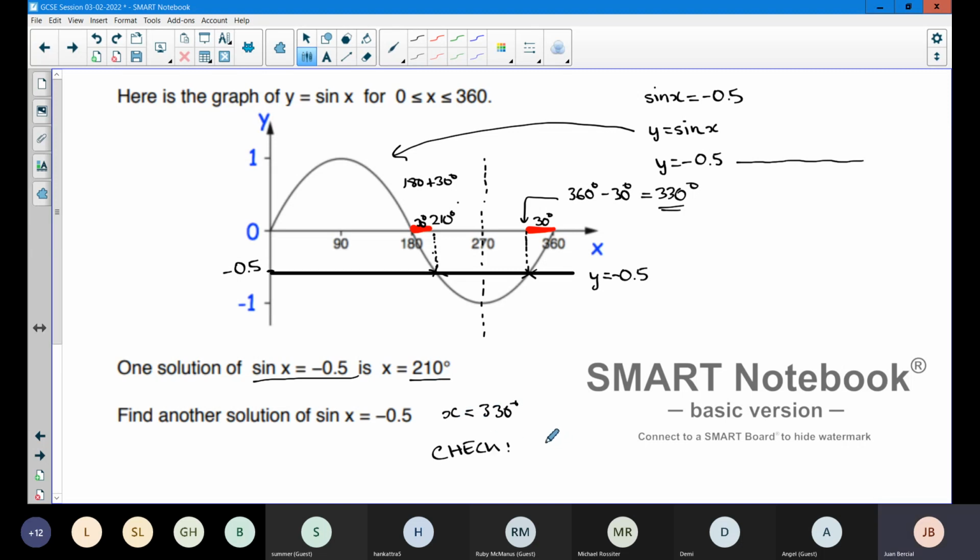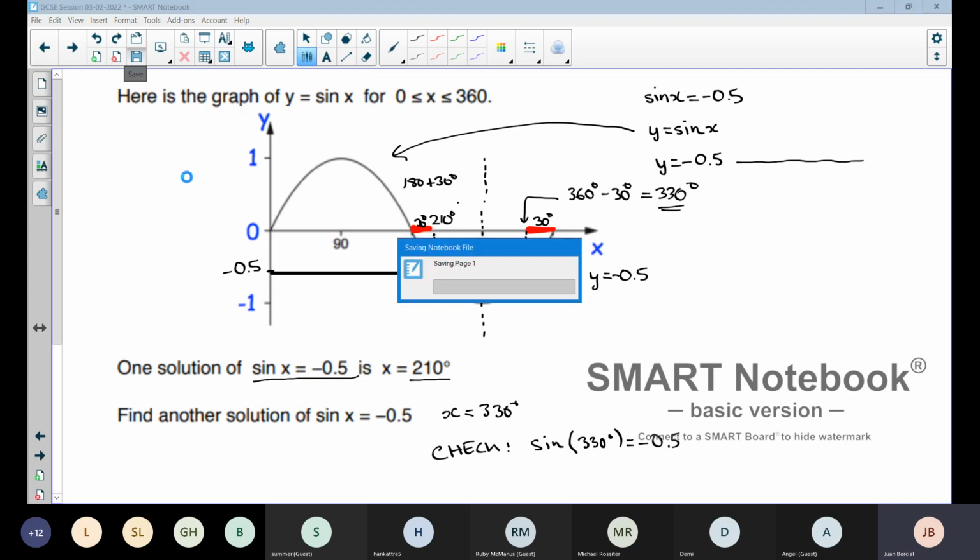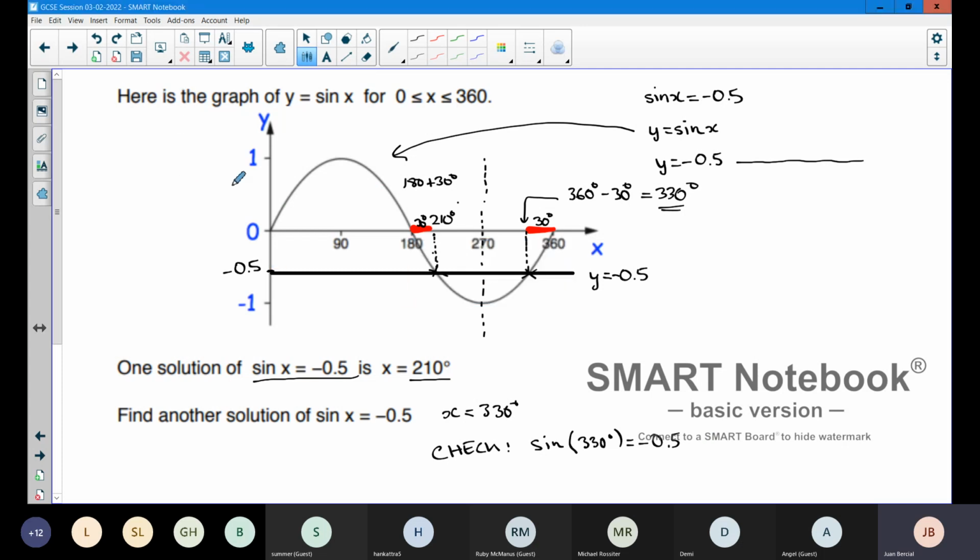You put in your calculator the sine of 330, and it will give you minus 0.5, and then we go, yes, we got it. So you can check in your exam if you got it right or wrong. Okay, so this is one for the sine.